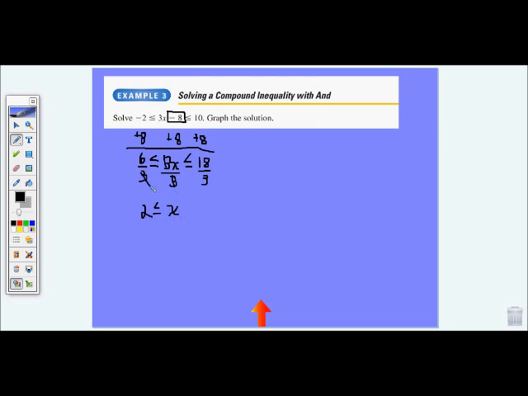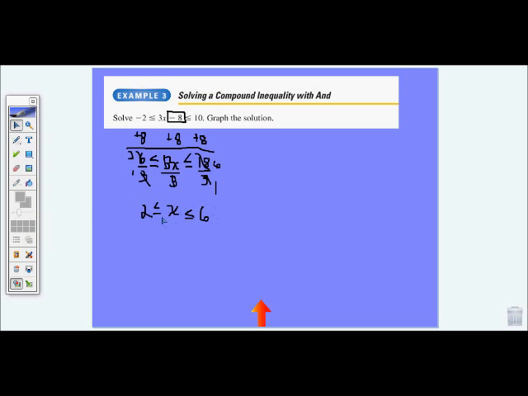I could have showed that reducing here too, I guess. Trying to skip a little bit with my writing. And 3 goes into 18 6 times. 6 over 1 would give me 6. So 2 is less than or equal to x, which is less than or equal to 6.